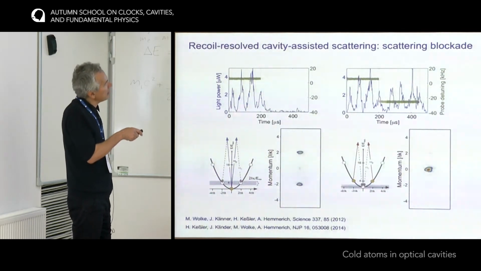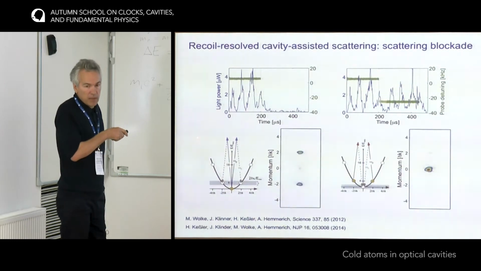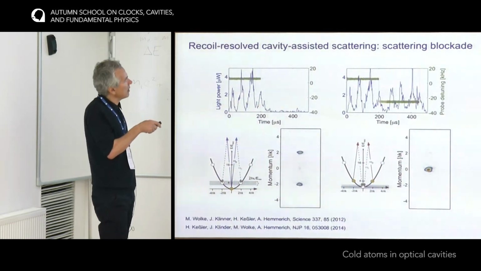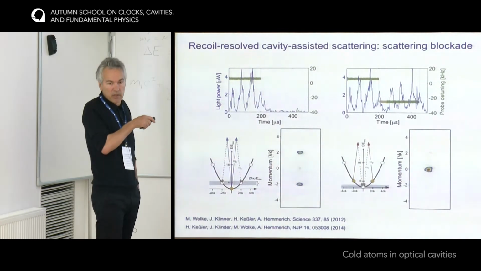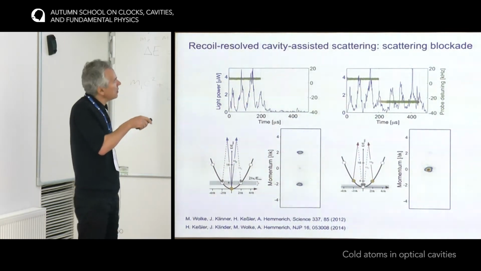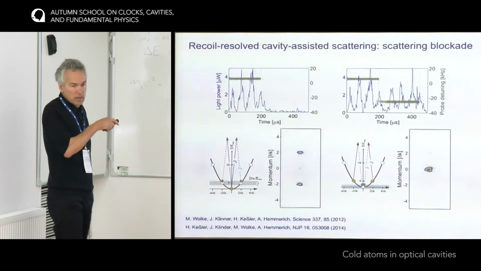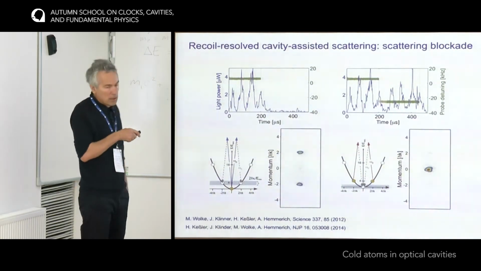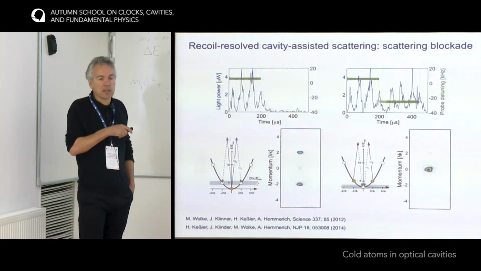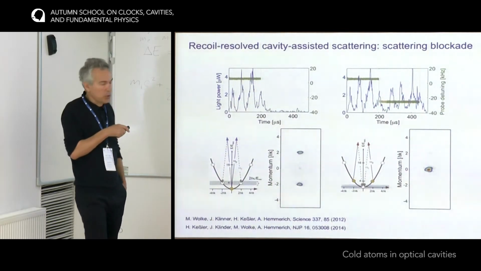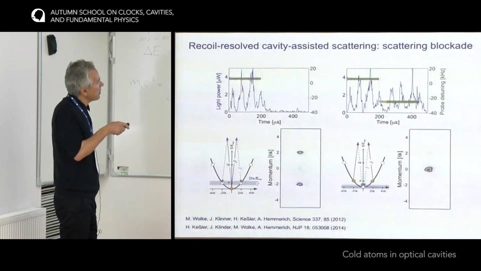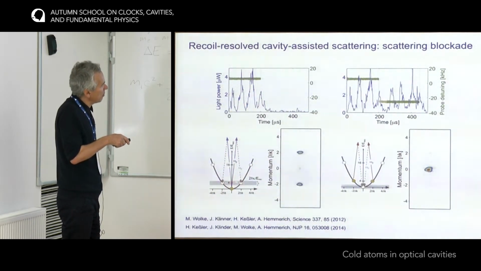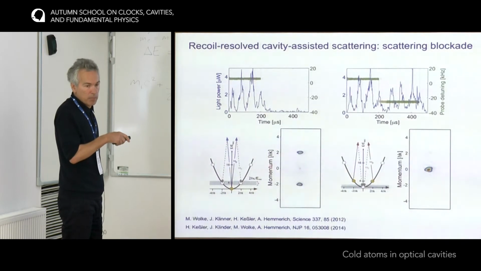So what you see is a beat between these two frequencies. This is the signal that comes out of the resonator through one of the mirrors. The oscillation corresponds to 4 times the recoil frequency. After some time, this beat dies out and the atoms will be completely transferred to these 2 states. Then you can take a momentum picture and you see that this has really happened.